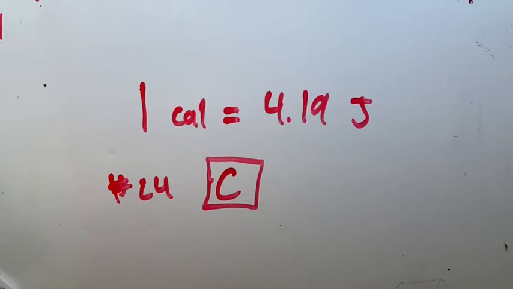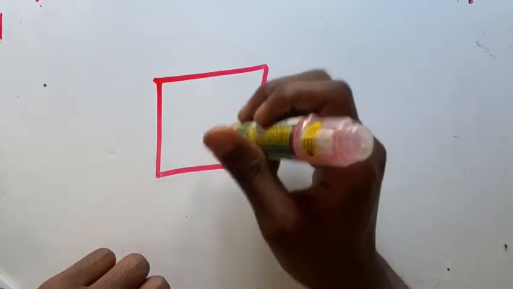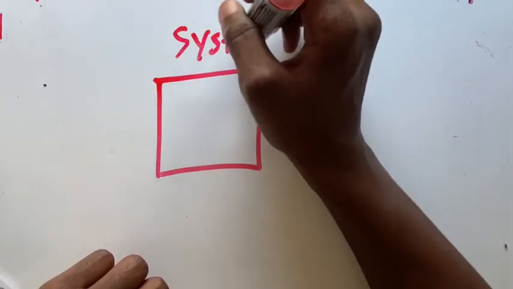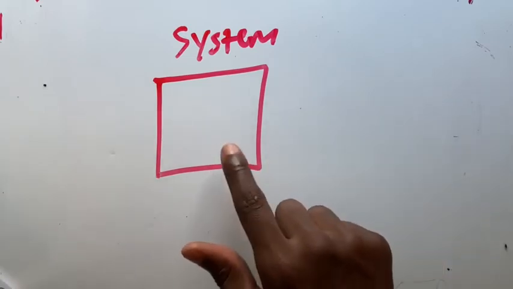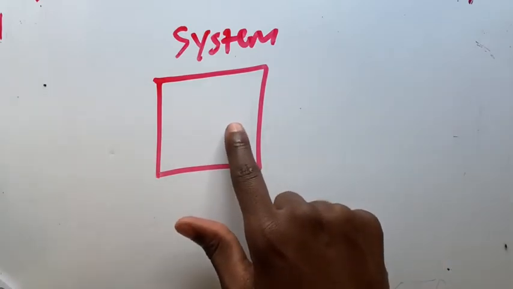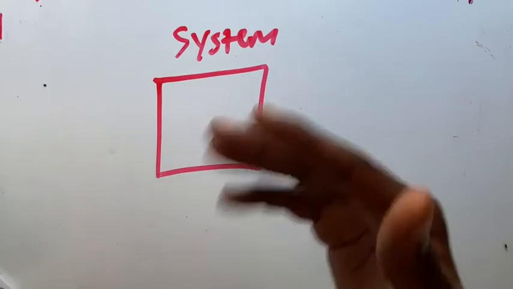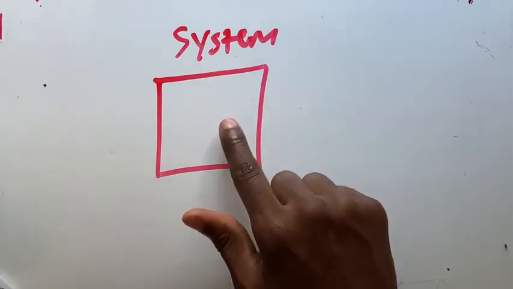25 says, when work is done by a system and no heat is added, the temperature of that system is going to increase, decrease, or remain the same. So let's say we have some system here. This is the system, and this system is doing some amount of work. So it's basically exerting energy, right?